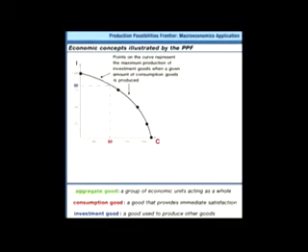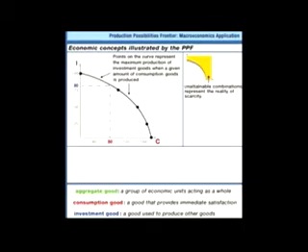For instance, 120 units of consumption good and 100 units of investment, that's a point up here that lies outside the production possibilities frontier. This would be a very nice point to achieve, but it's simply not achievable given the resources and the technology that our economy has to work with. So points outside the production possibility frontier indicate the reality of scarcity.